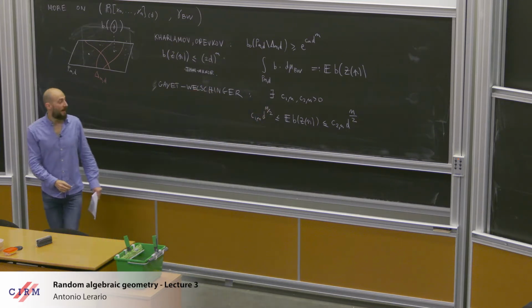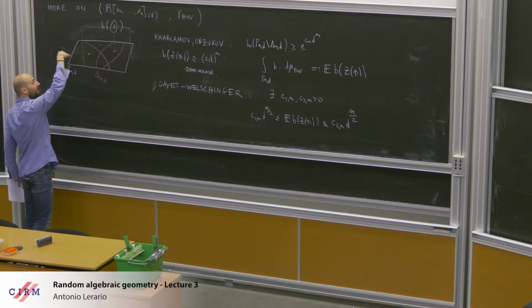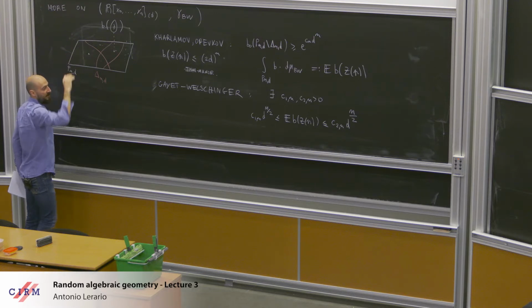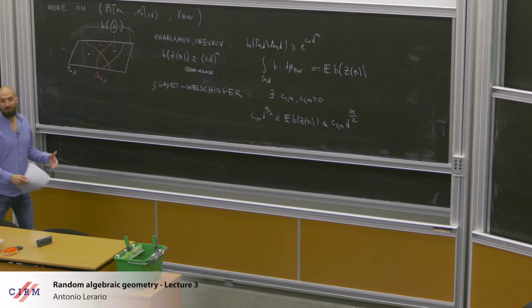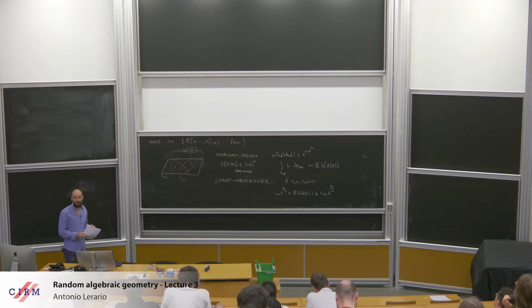So the integral of this function, the average total Betti number, is of the order square root of d to the n, that is, d to the n over 2.